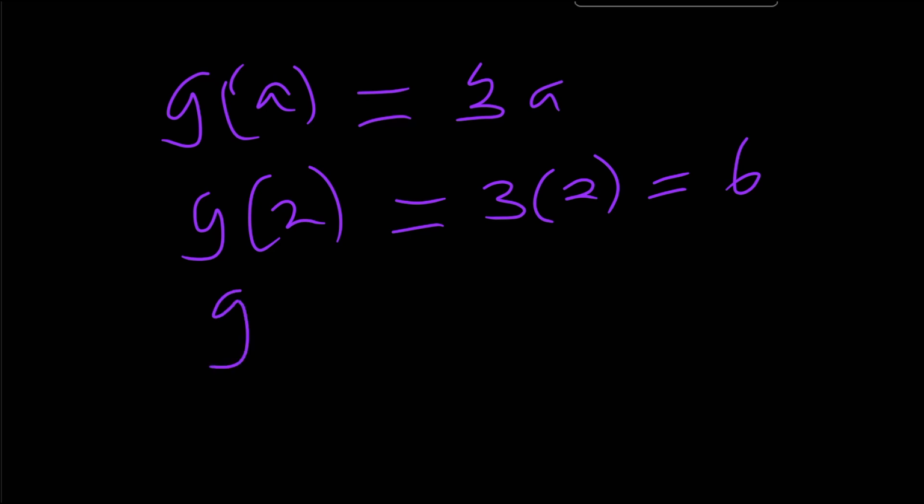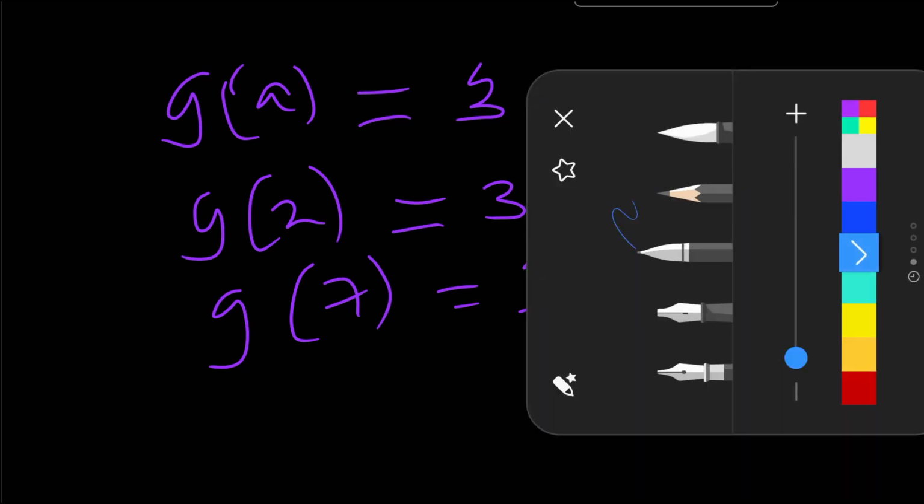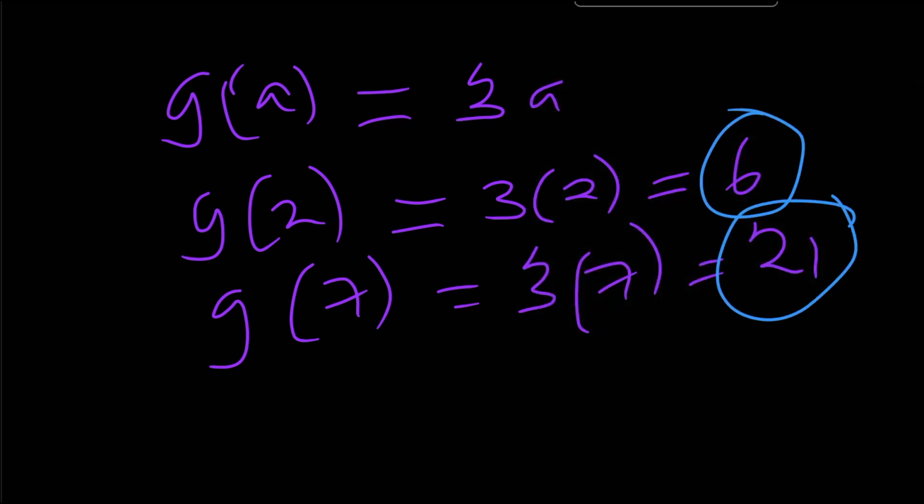If g takes an input of 7, it should produce an output of 3 times 7, which is 21. And as we said earlier, this 6 and this 21 right here represent our output, and then the a right here represents the input.